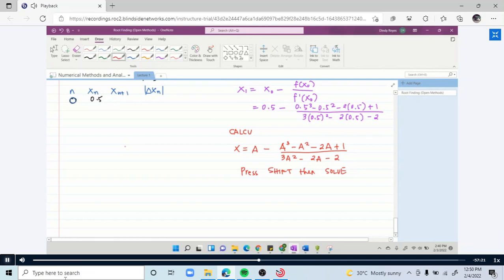Hihingan kayo ng value ni a. Type 0.5. Umpisa, 0.5 tayo, di ba? Type 0.5. Tapos, press equal sign twice. Tapos, makakakita kayo ng value ni x.